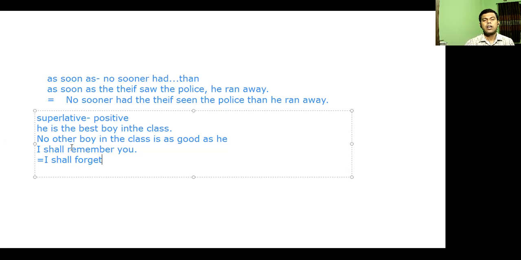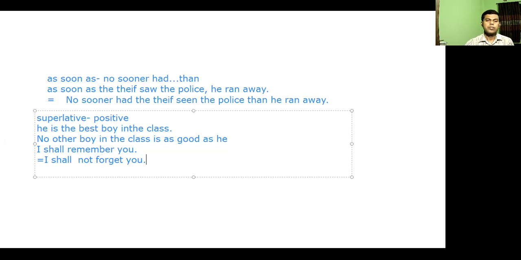And as I have used the opposite word of the given word, and I am going to make it negative, so before the opposite word, I will add "not". "I shall not forget you." The meaning is same.